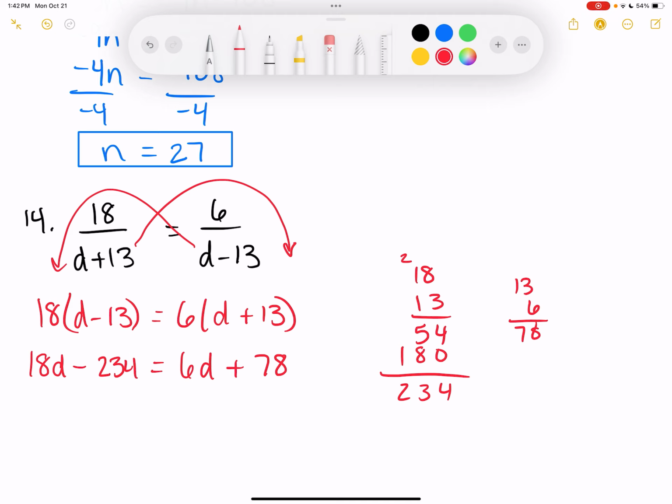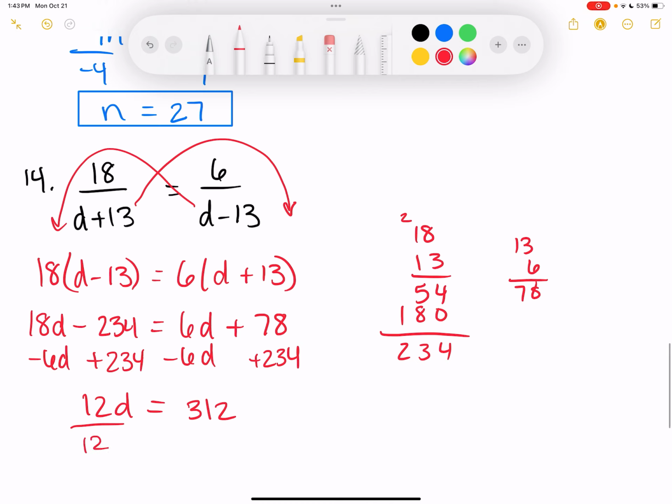Minus 60. What else? Plus 234. So I'm going to have 12d equals 312. And then you divide by 12, which will leave you with d equals 26. I do the math while she's solving it, so I can check it after.